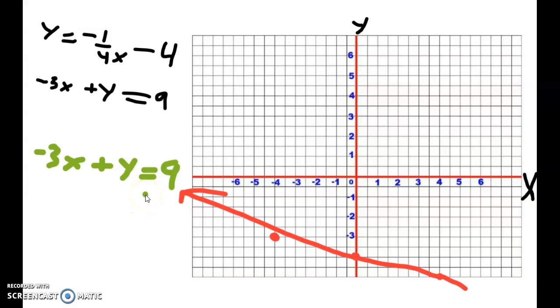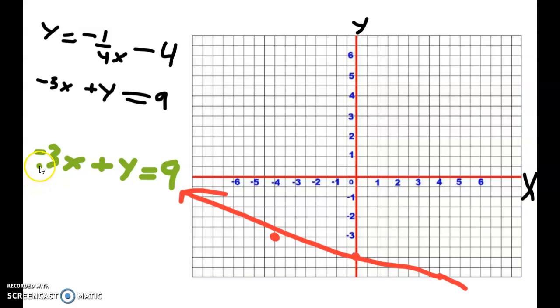First, we're going to have to switch over, because it's going to have to equal y for it to be a complete graph. So y is on this side, but how do we get it to the other side? We do not subtract y, because that puts y on the side of the 9. We'll just go in an infinite loop unless we subtract another number. So we're going to add 3x. Since this is a negative, we're going to do the opposite.